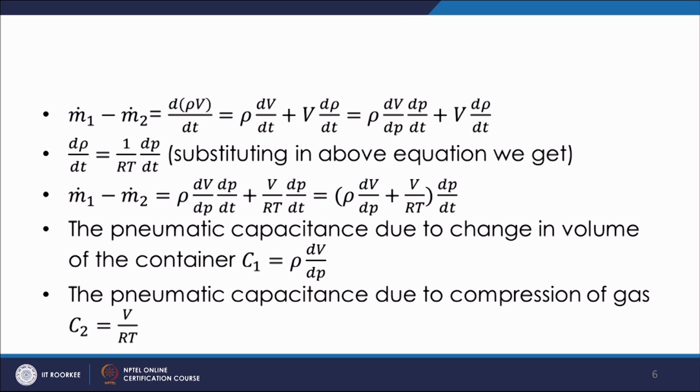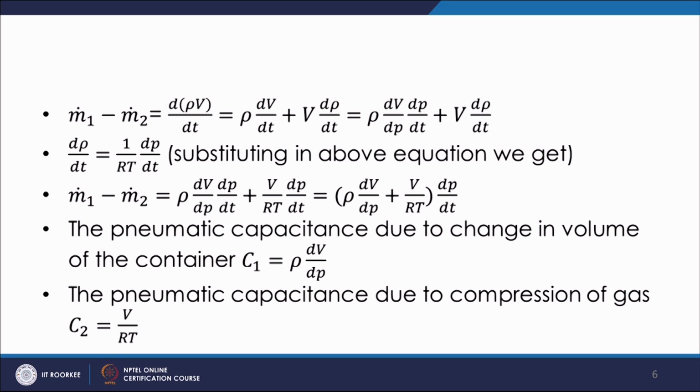Now, you can see that we have two terms available. So, the pneumatic capacitance due to change in volume of the container can be defined here as C1 equal to rho dV by dP. Similarly, the pneumatic capacitance due to the compression of the gas is defined by C2 equal to V by RT.